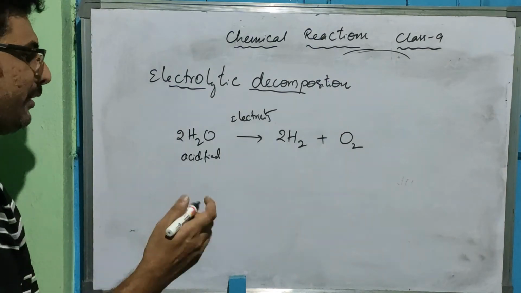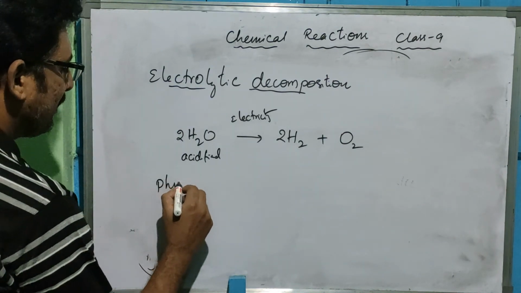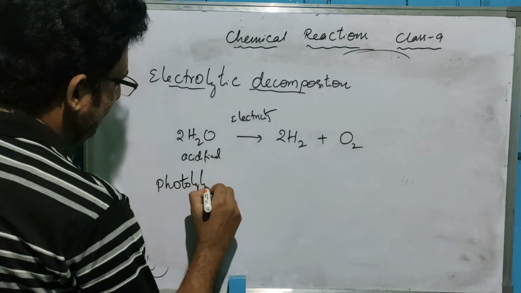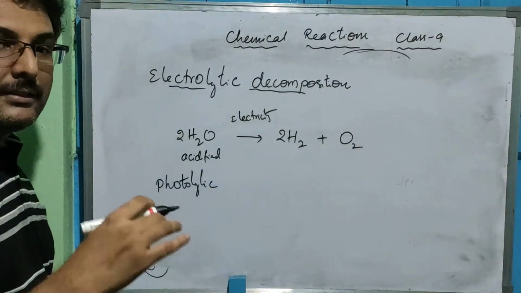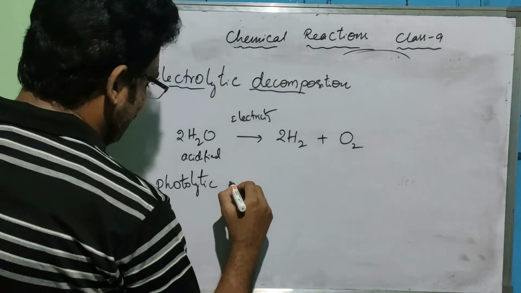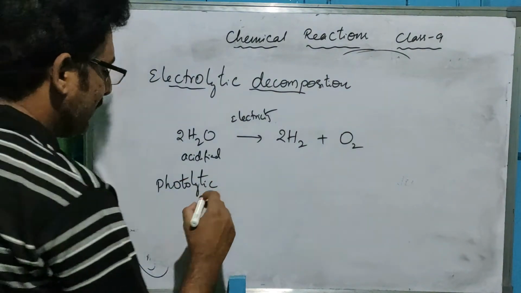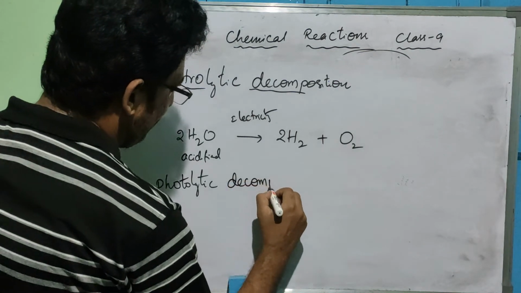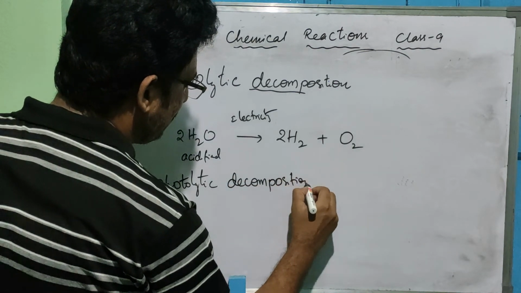And there are some compounds which will undergo decomposition when they are exposed to light. Such decomposition reactions are called photolytic decomposition reactions. Generally silver compounds are light sensitive, and they can easily decompose when exposed to light. For example, silver chloride, when exposed to light, decomposes to give silver and chlorine. This is a photolytic decomposition reaction.